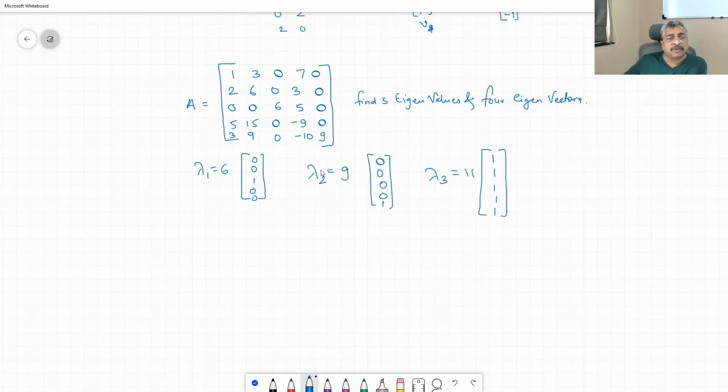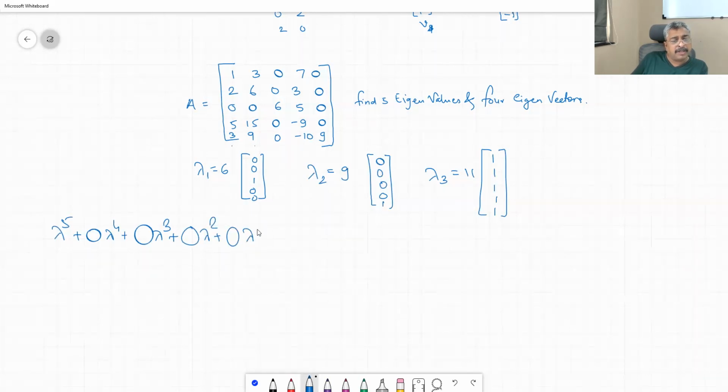Then you observe that the first column and second column are multiples of each other. They are not linearly independent. So if that is the case, the determinant of capital A is 0, and the characteristic polynomial, lambda to the 5 plus something into lambda to the 4 plus something into lambda to the 3 plus something into lambda squared plus something into lambda plus something, is going to be 0 because the determinant is 0.